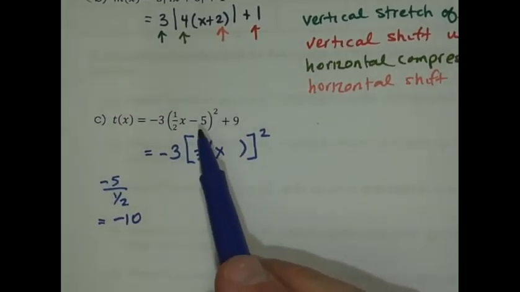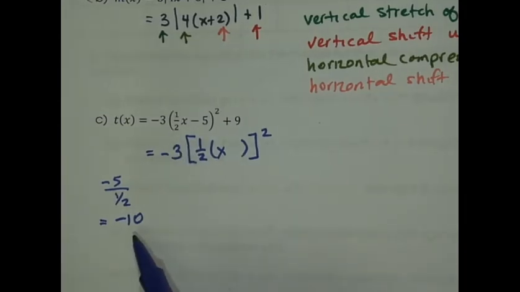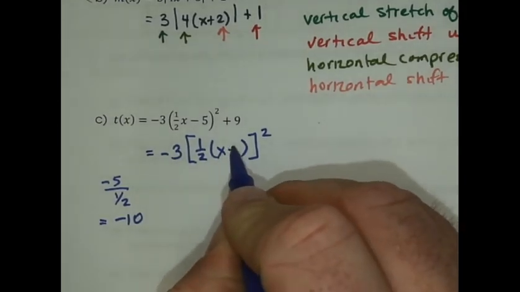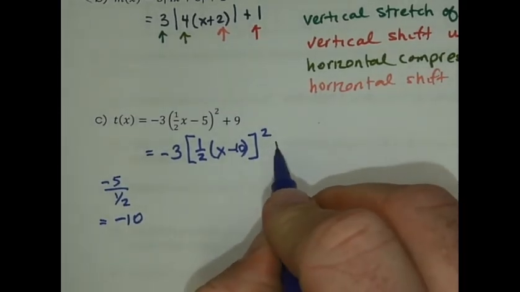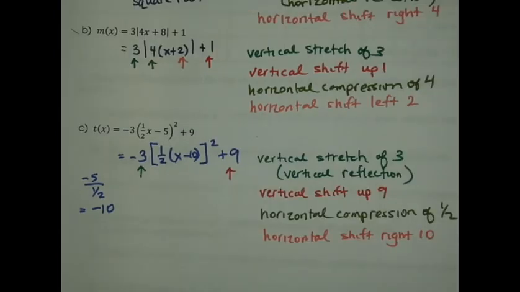So if I take that -5 and we're dividing it by our K, the number actually becomes bigger. So this is -10. And we have a +9 here. All right, so push pause, see if you can describe your transformations and give it a go.